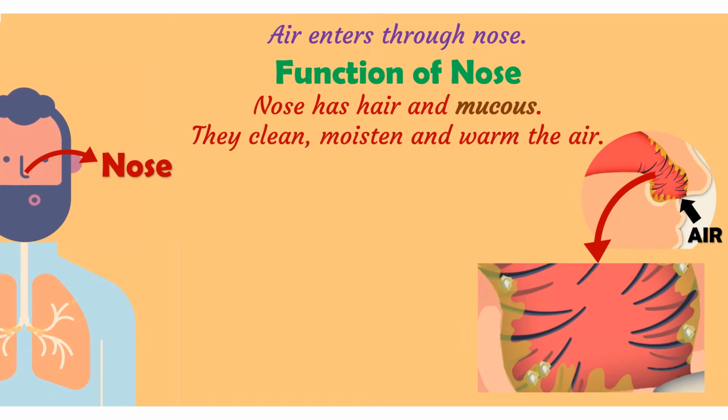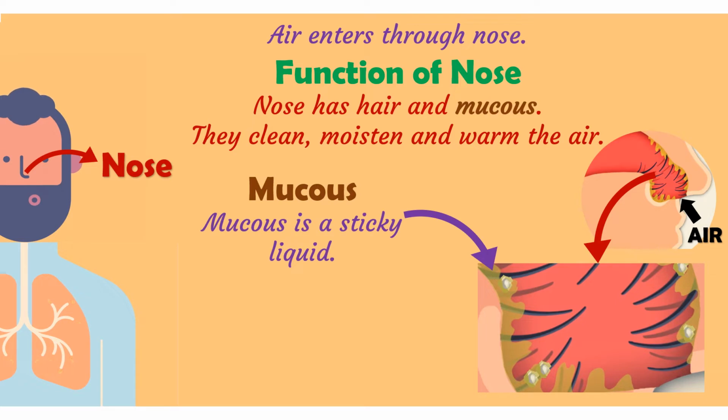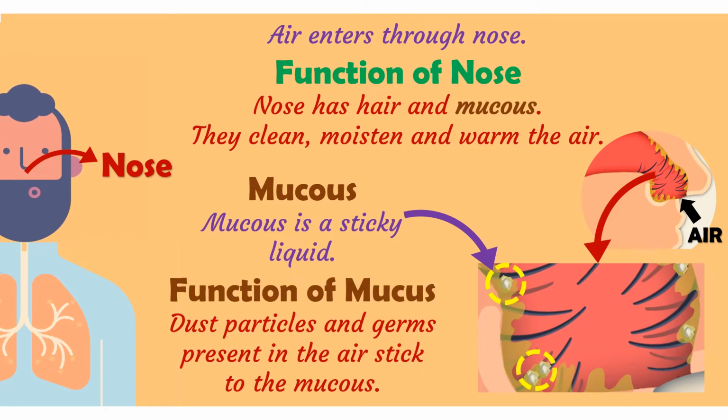Hair and mucus clean, moisten and warm the air. What is mucus? Mucus is a sticky liquid inside our nose. Dust particles and germs present in the air stick to the mucus as it is a sticky liquid. So, it cleans the air.